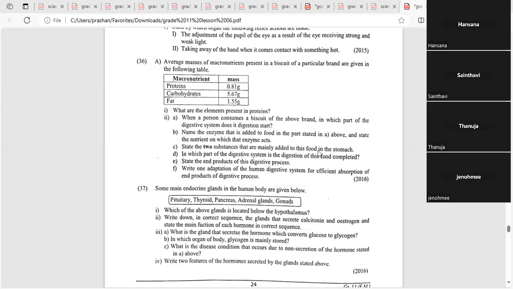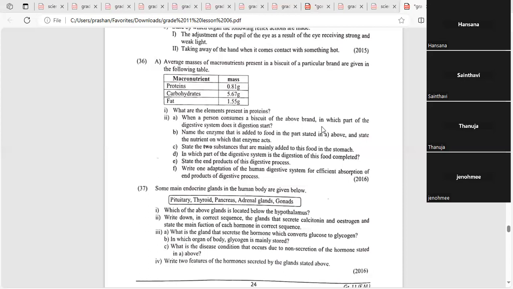Then B. Name the enzyme that is added to food in the part stated in A above and state the nutrient on which that enzyme acts. The enzyme is amylase. The nutrient it acts on is carbohydrate, mainly starch. That is the correct answer. Then C. State the two substances that are mainly added to this food in the stomach.